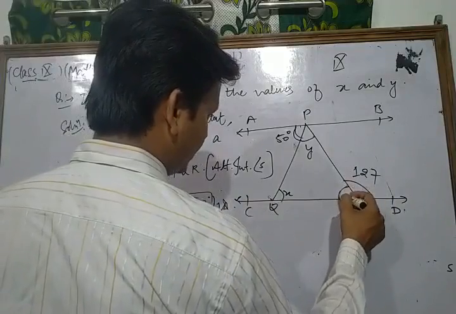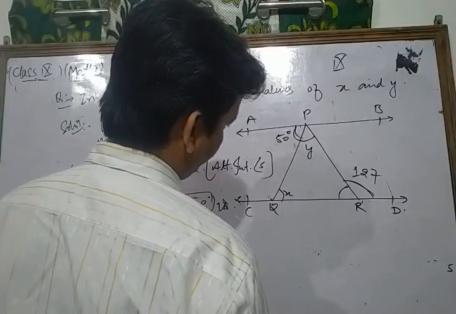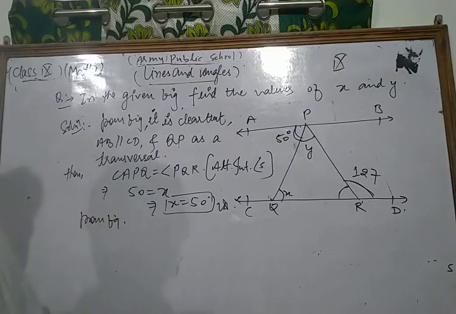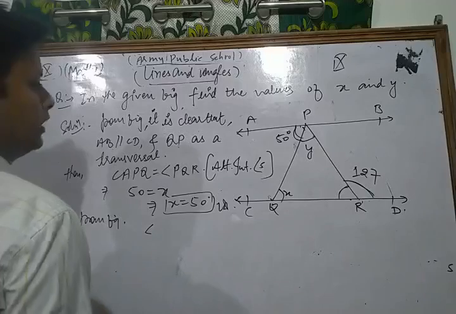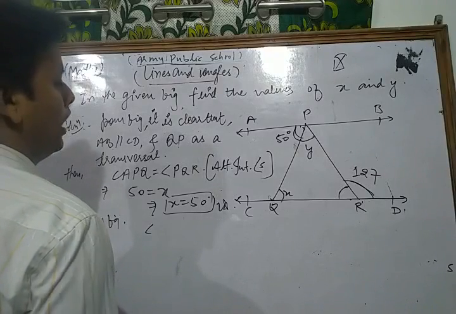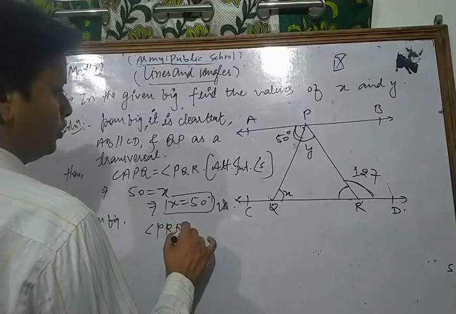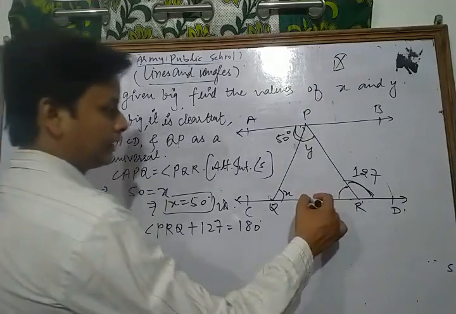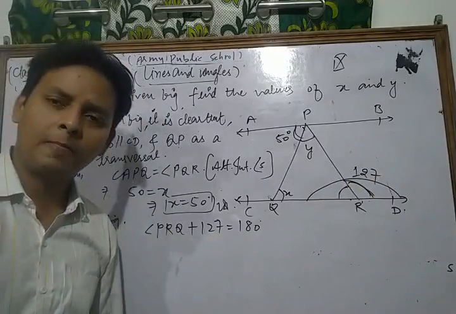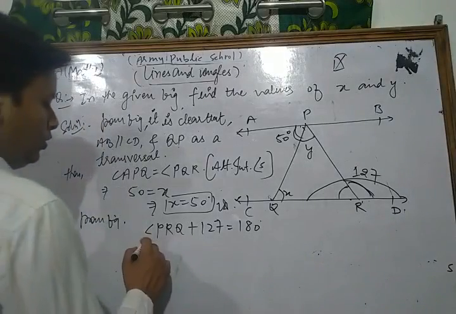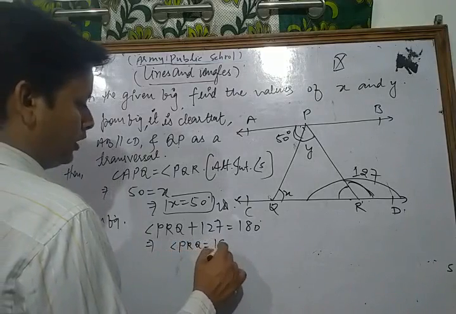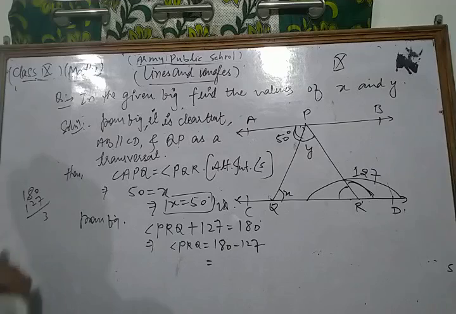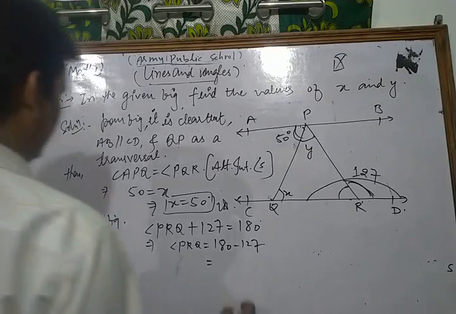Now here this is a straight line, so the sum of the angles is 180. From the figure, dear students, angle PRQ plus 127 is equal to 180 degrees, because the sum of angles on a straight line is always 180 degrees. So angle PRQ is equal to 180 minus 127, which is 53.